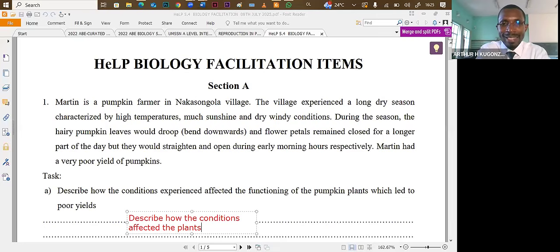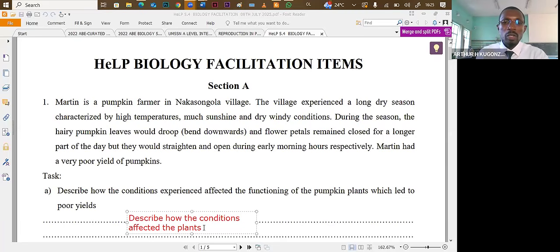I hope if I summarize my task like that, it doesn't distort the meaning. The original task is saying, describe how the conditions experienced affected the functioning of the pumpkin plants, which led to the poor yields.